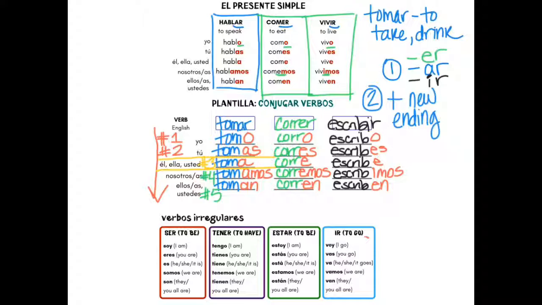But once you remember the different endings, I would suggest that you move on to writing in context, to making sentences about yourself, about people you know, making questions, and making it more meaningful is going to do a lot more for your retention than simply just conjugating like this forever. So that's going to be it for this video and your overview on the present tense and verb conjugation.